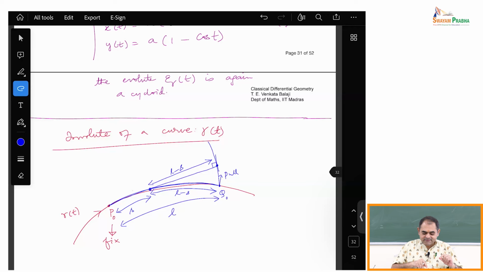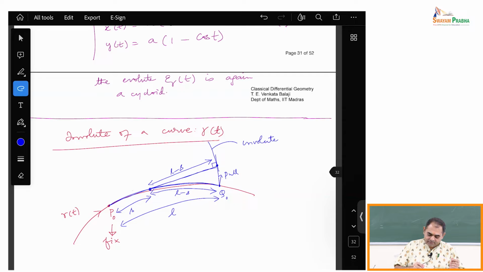Physically, what this means is that the portion of the string that is pulled out is normal to the traced curve.